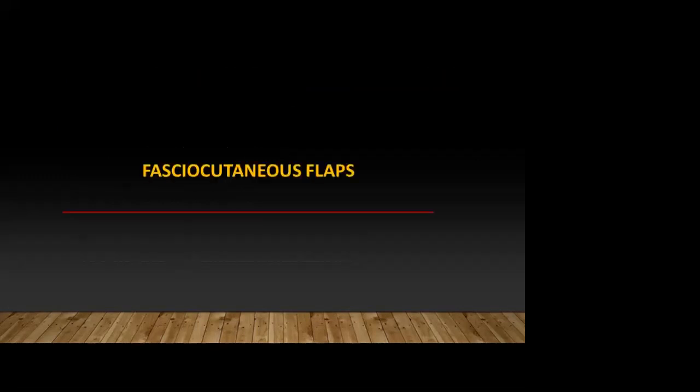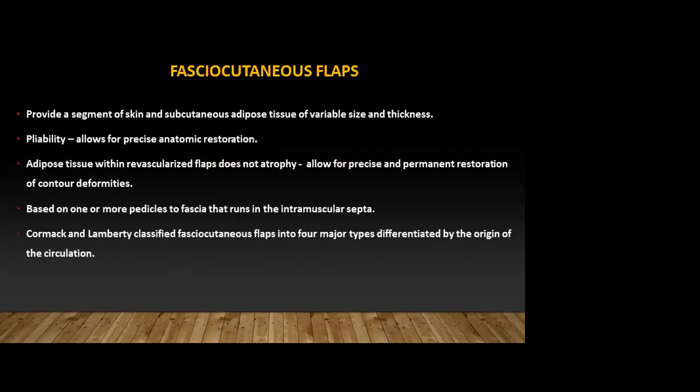So with this introduction, I am going to the individual flaps, that is the fasciocutaneous flaps first, and a short word about the fasciocutaneous flap. What a fasciocutaneous flap provides is a segment of skin and subcutaneous adipose tissue of variable size and thickness. The important thing about the fasciocutaneous flaps is that they are very pliable, and that allows for precise anatomic restoration.